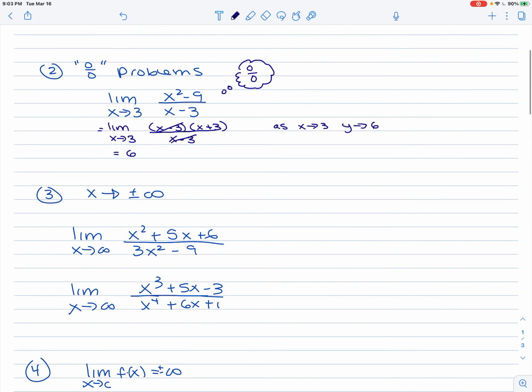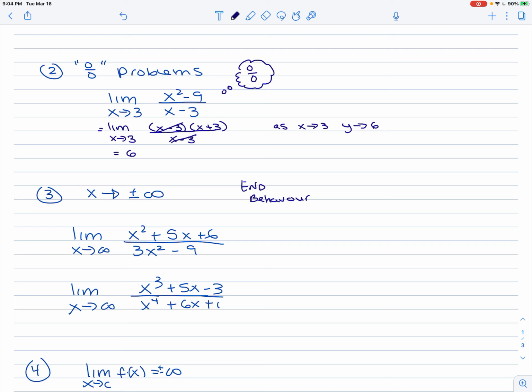Okay, then there's problems where x is approaching infinity. So if you think about it, if x is approaching infinity, you're looking at the ends of the graph, like the arrows at the end. So we say that these are end behavior. Okay?